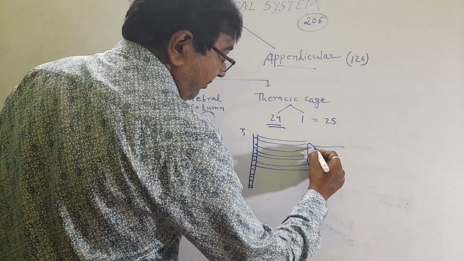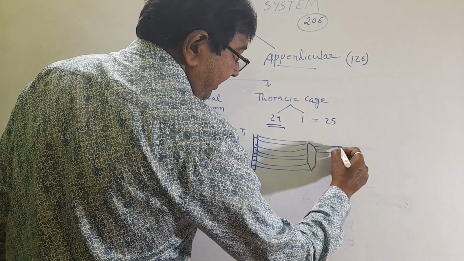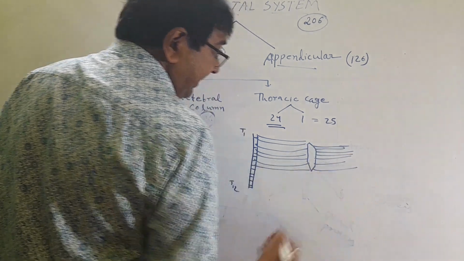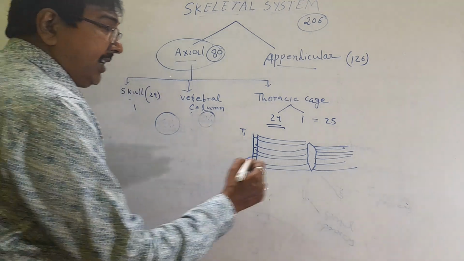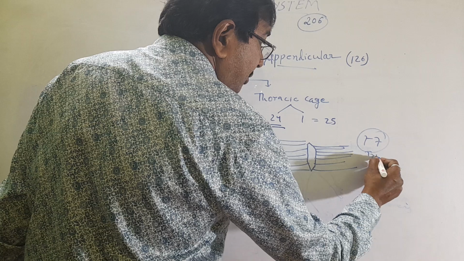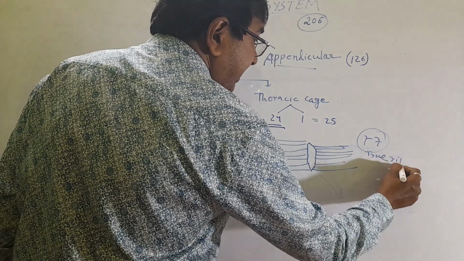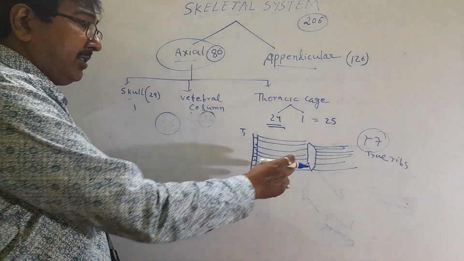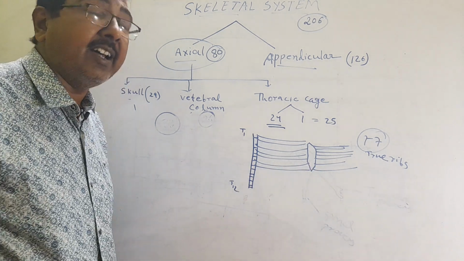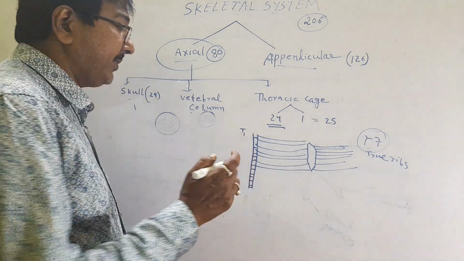This side is also the same, 1 to 7. These 7 pairs are called true ribs. Why true ribs? Because these are posteriorly attached to the vertebral column and anteriorly attached to the sternum.